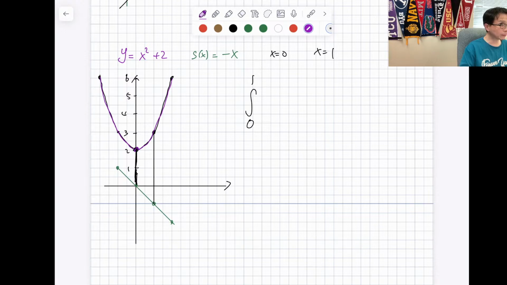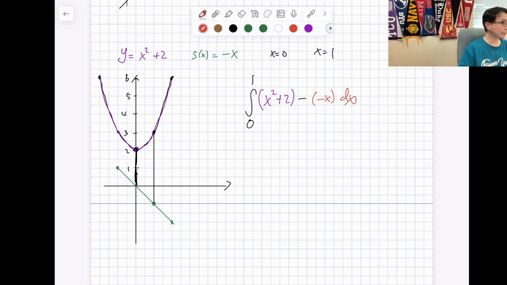X squared plus 2? Guys, please put a parenthesis. I cannot repeat that. I have so many people fail the test because of parentheses. Plus 2, thank you. And minus the negative x dx.